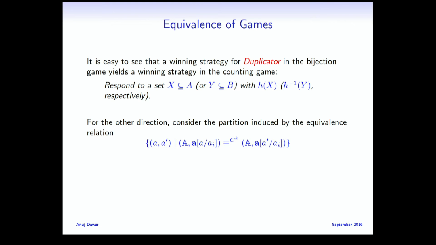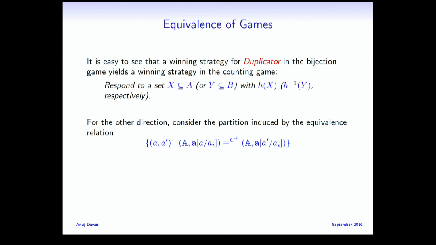For the other direction, what you do is you look at the equivalence on elements induced by the CK equivalence. So you have the structure A, you have the tuple of currently pebbled positions.